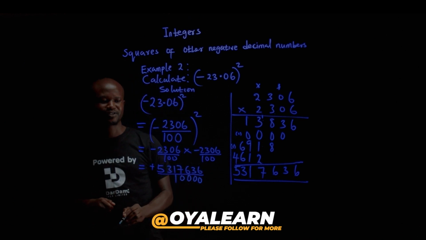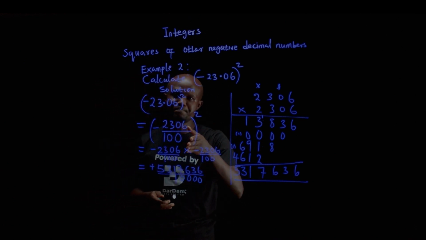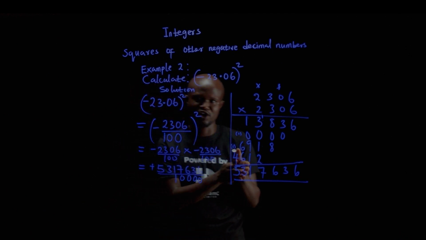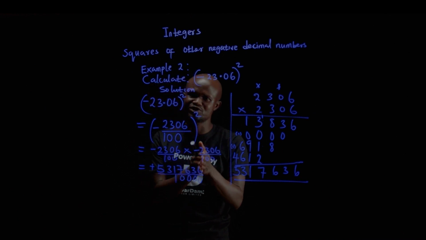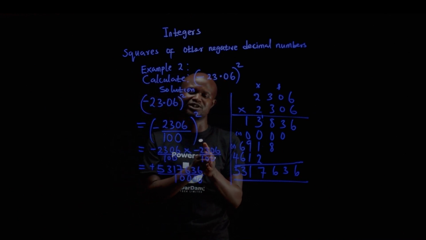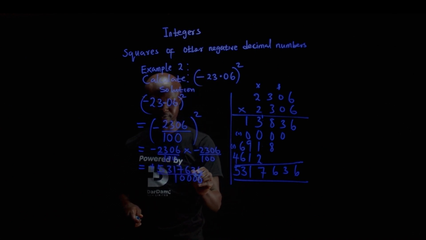Can you see? And don't forget, we are dealing with an improper fraction. So your mapping is from the back. And your mapping deals with only the zeros at the denominator. So we map.